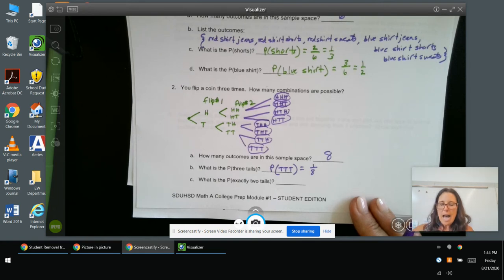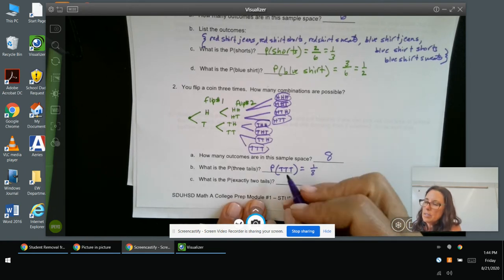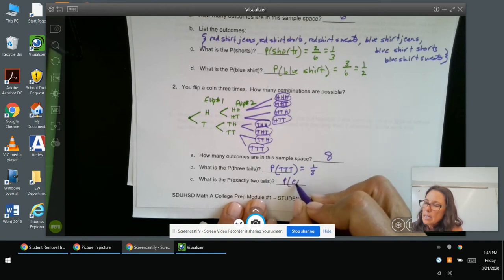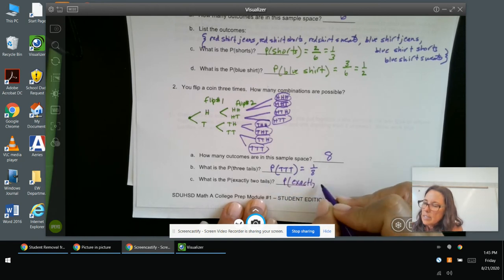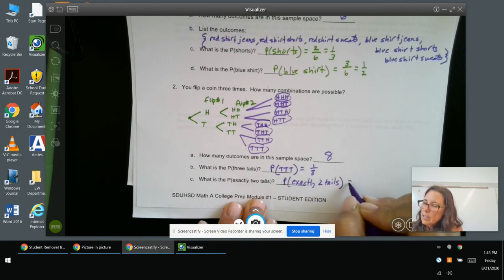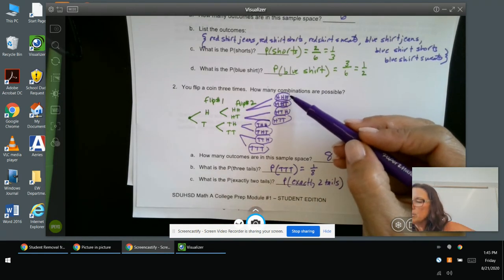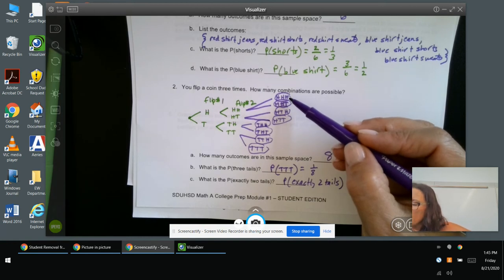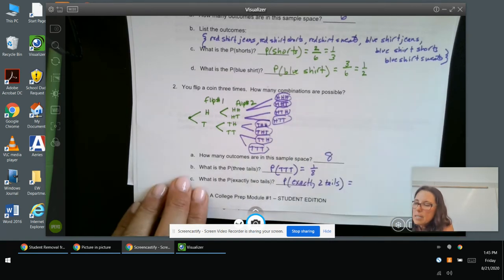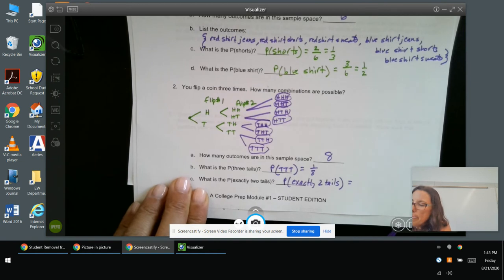Okay, let's try letter C. Probability of exactly 2 tails. Looking up here, nope, that's an HHH. It doesn't have 2 T's in it. Let me mark a little green mark by them.